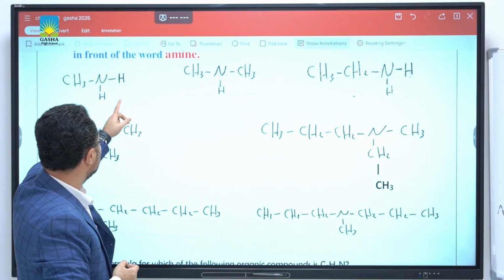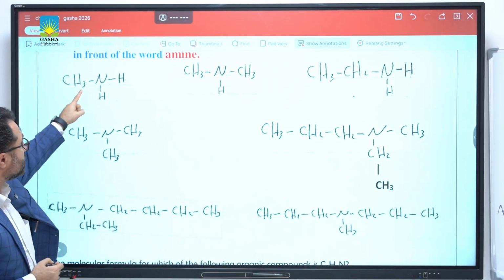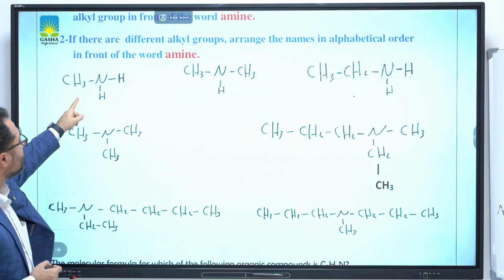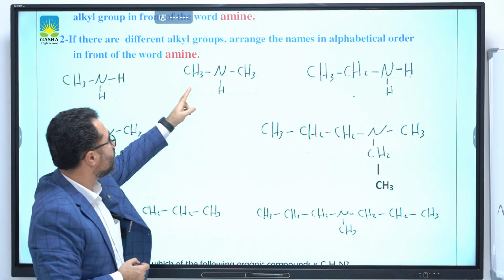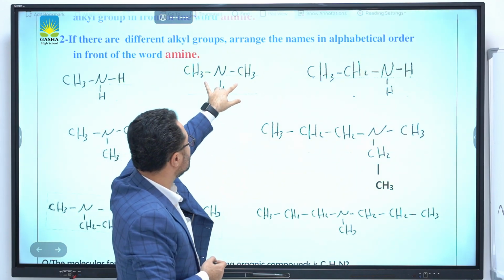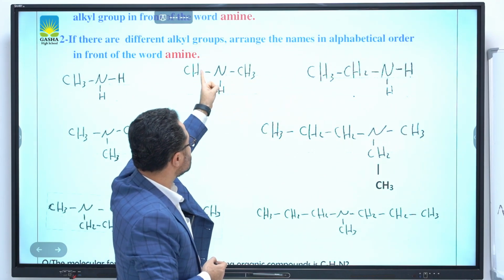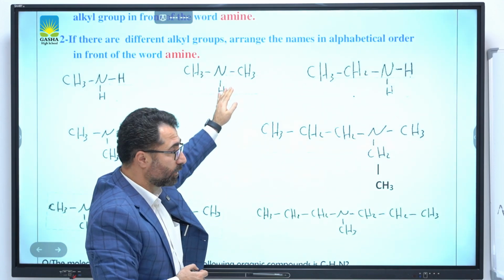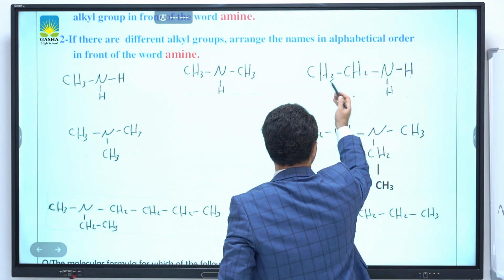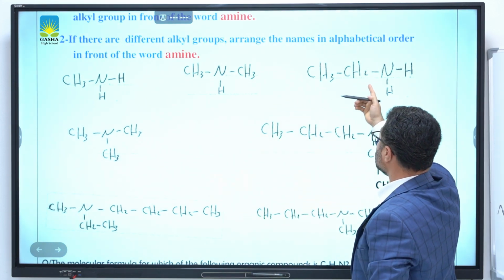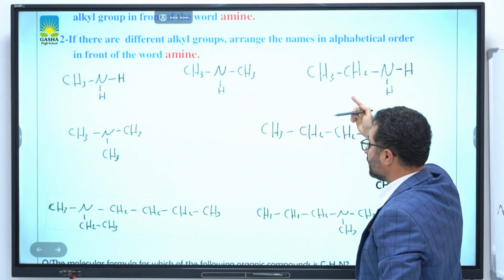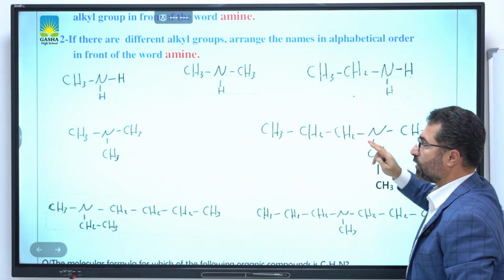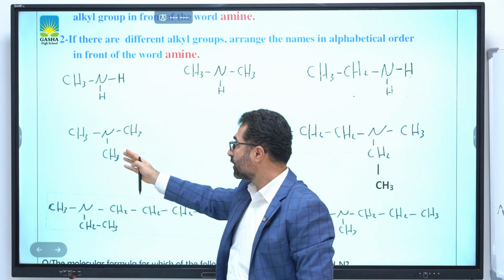For example, here one H is replaced by 1 R, so it will be primary. And here we have 2 carbons on 2 different sides of N, 2 H replaced by R, so it will be secondary. Here we have 2 carbons on the same side, and 1 H replaced, so it will be secondary. But here we have 6 carbons, it's tertiary. We have 3 carbons, tertiary.